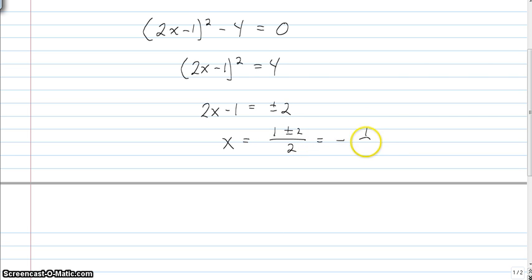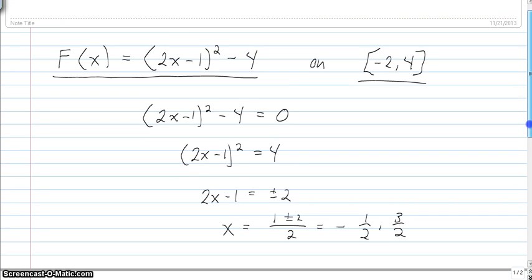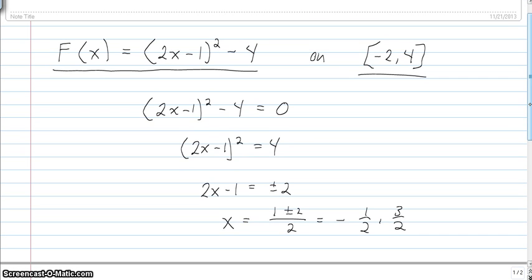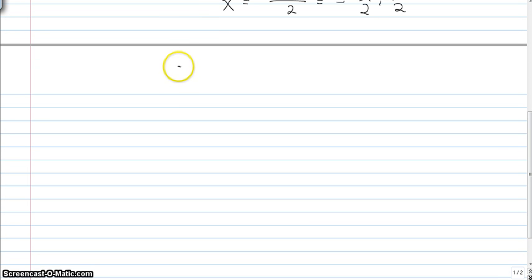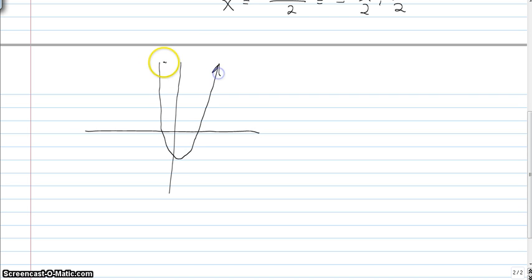So you get negative 1/2 and 3/2. Just doing that real quick, so if I was going to do a quick sketch, I know that I've got a parabola that's coming through and hitting the x-axis at negative 1/2 and 3/2.